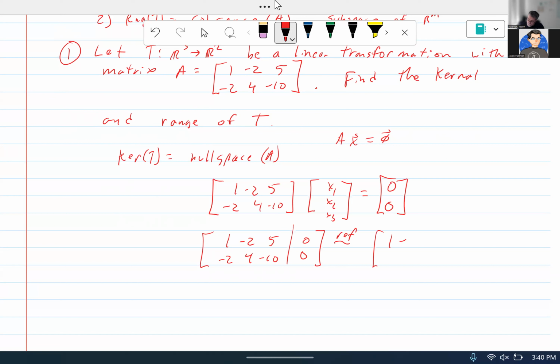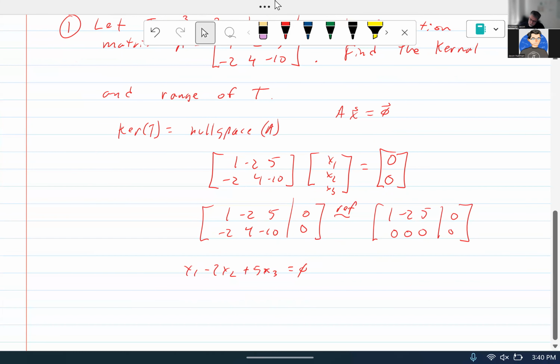And so I get 1, -2, 5, 0, 0, 0, 0, 0. Basically I can REF it in one step. And so now I have this equation, x1 minus 2x2 plus 5x3 is equal to 0.